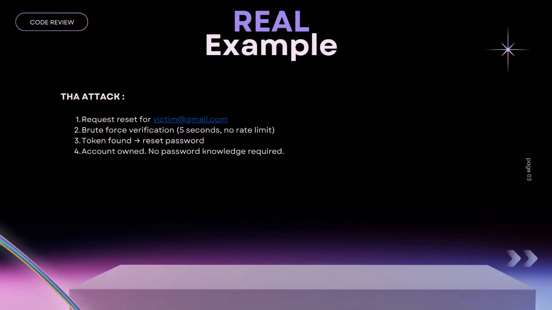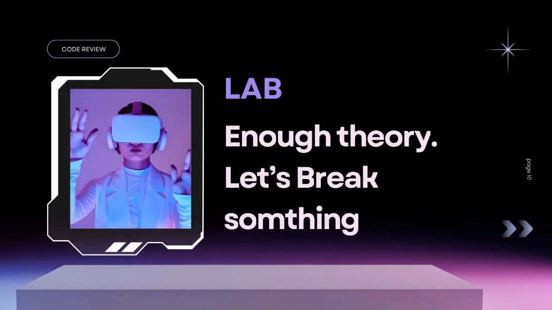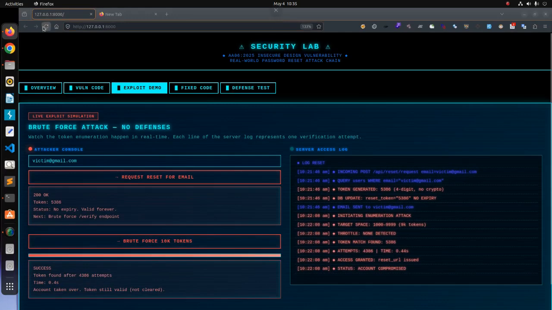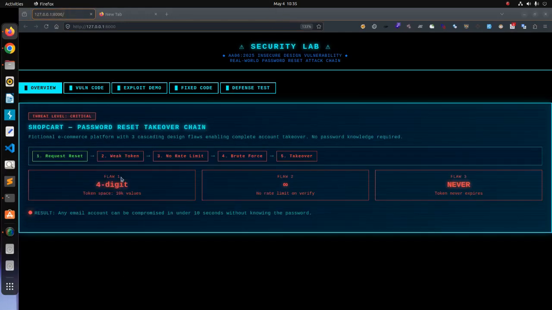Alright, let me show you in action. I built a little interactive lab that simulates this exact vulnerability. This is the Shopcut password reset lab. It has two sides: the vulnerable implementation and the secure one.